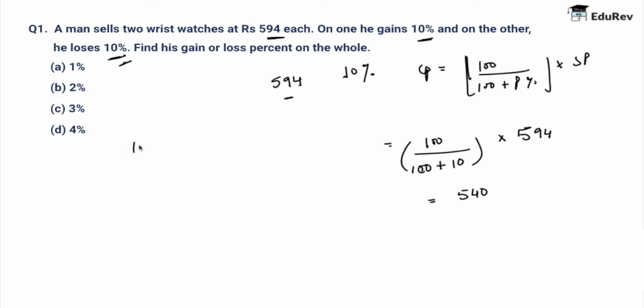100 upon 100 minus the loss percent into your SP. So this is going to be 100 upon 100 minus 10 into 594.